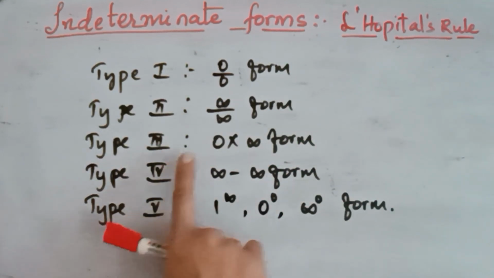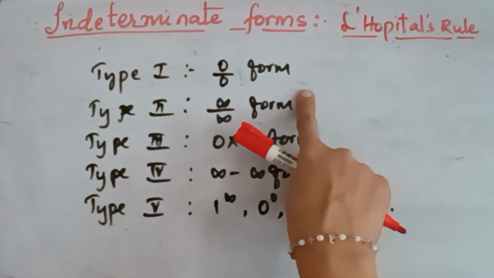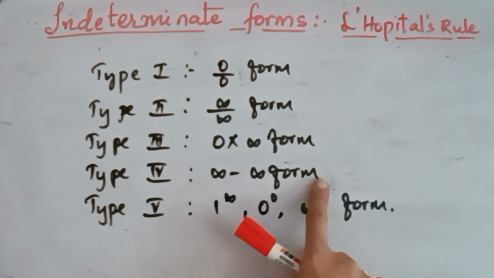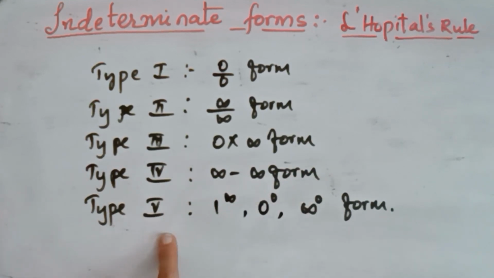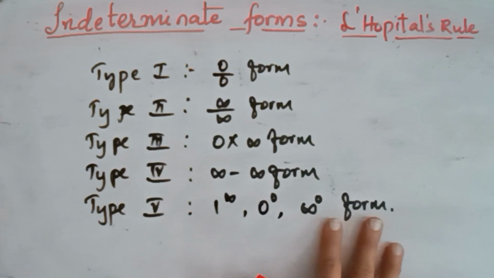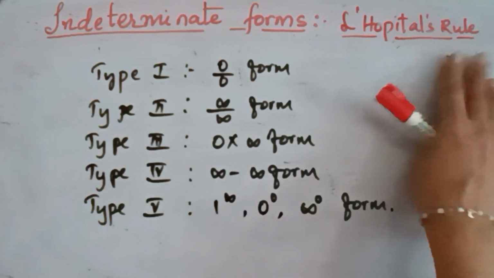The third type is 0 into infinity form, which can be converted to either 0 by 0 form or infinity by infinity form. Type 4 is infinity minus infinity form. Type 5 is 1 power infinity, 0 power 0 and infinity power 0 form.